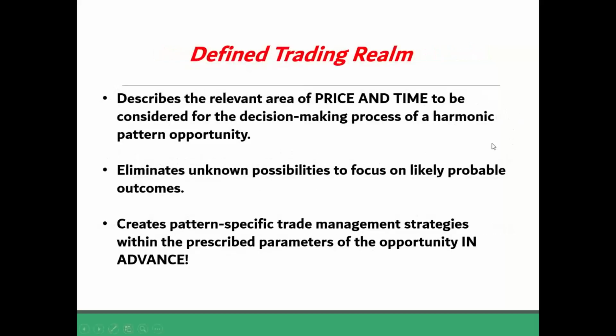It's the defined trading realm, and this is important because if we have a potential reversal zone, a pattern, this whole area, this range, there's nothing outside of that range that we consider. So if our executions, our trading actions, are within that relevant price and time area, that guides our decisions. Once we jump out of that, all of our decisions are random.